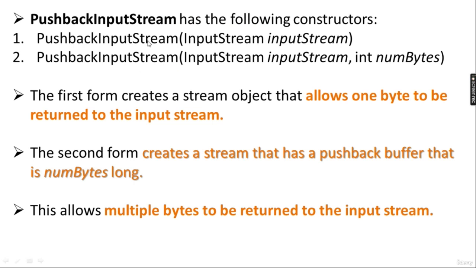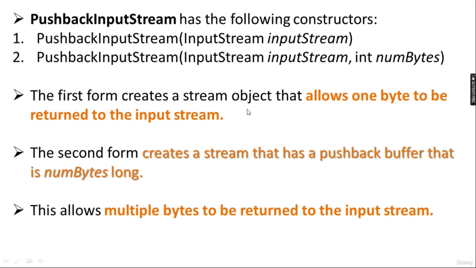Two constructors are PushbackInputStream with the stream object, and with the stream object and number of bytes. The first one creates an object that allows one byte to be returned to the input stream, pushed back. The second form creates a stream that has a pushback buffer that is the specified number of bytes long. So the first has the standard size of one byte at a time, and in the second we specify how many bytes we are pushing back at a time.